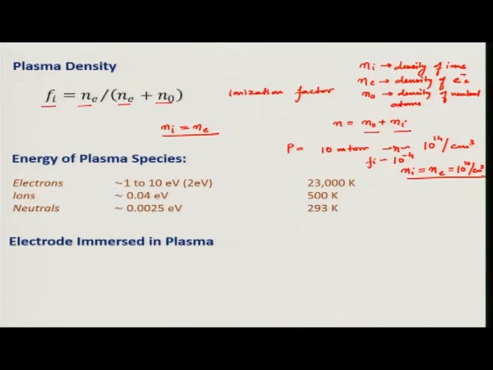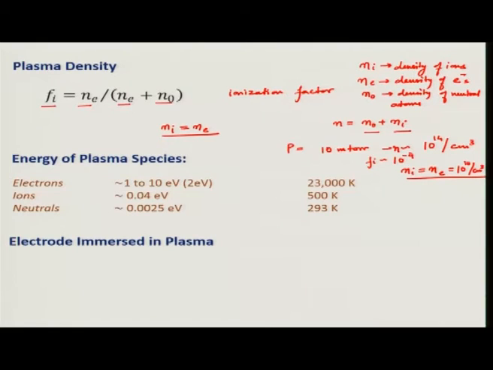This is the region where we operate most often for the sputtering process, and these are called weakly ionized plasma, because only a 10 to the power minus 4 fraction of the gas atoms are ionized. For heavily ionized plasma, you will have this factor 10 to the power minus 2 or larger than that.